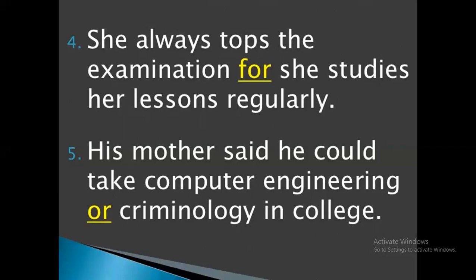So you only have to take the middle part of the clauses and join them. She is giving him a choice. They are discussing choices. And when you're discussing positive choices that you can do, you use or. So now the sentence has become, his mother said he could take computer engineering or criminology in college.